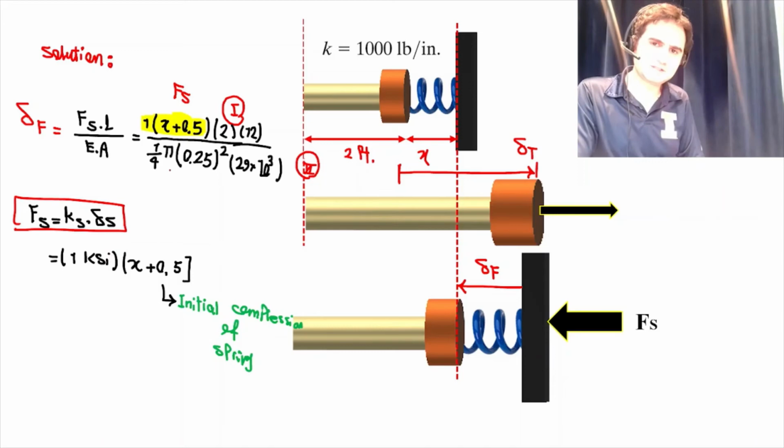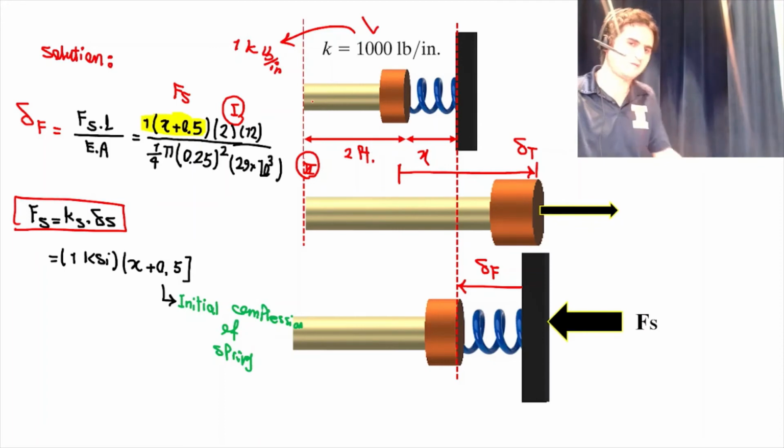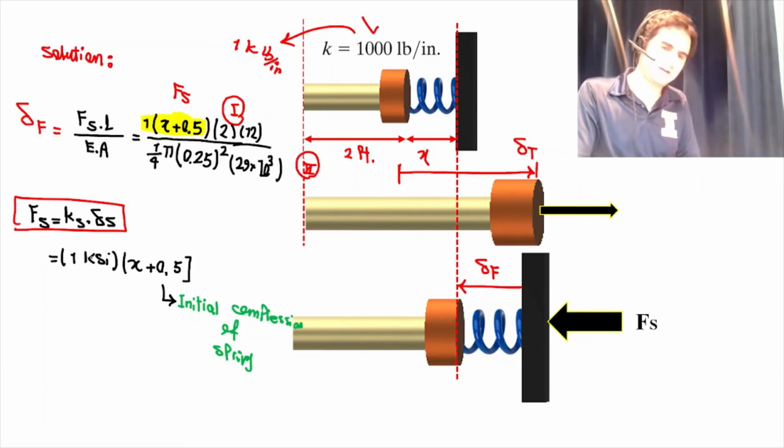The stiffness is provided as 1000 pounds per inch, converted to kips, it's 1 kip per inch for consistency, because we have everything in ksi.